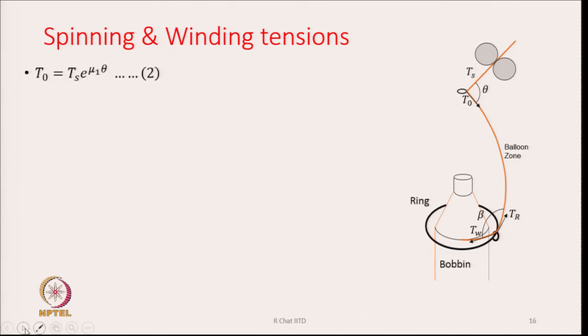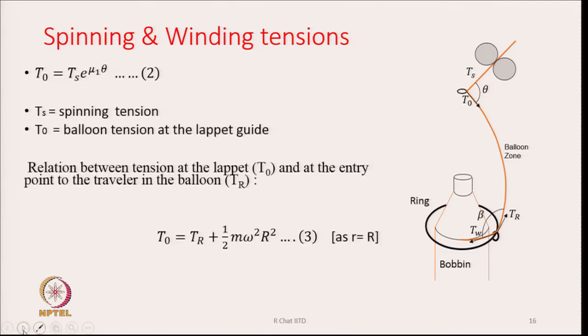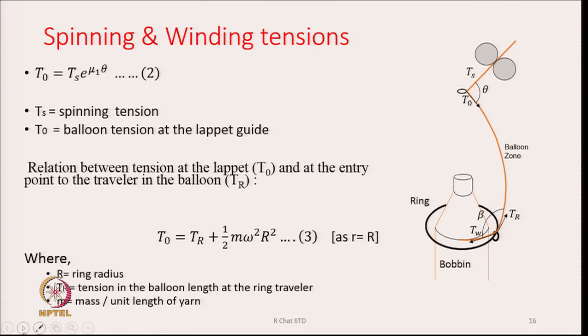That is exactly what we have written here. T0 is Tr plus half m omega square r square, where r is the ring radius, Tr is the tension in the balloon length at the ring traveler as shown in the diagram, and m is the mass per unit length of the yarn.